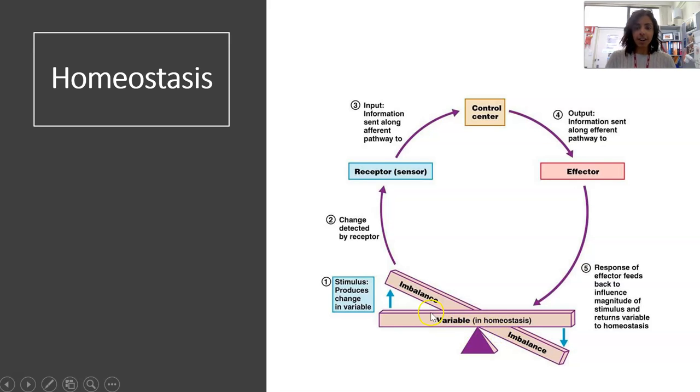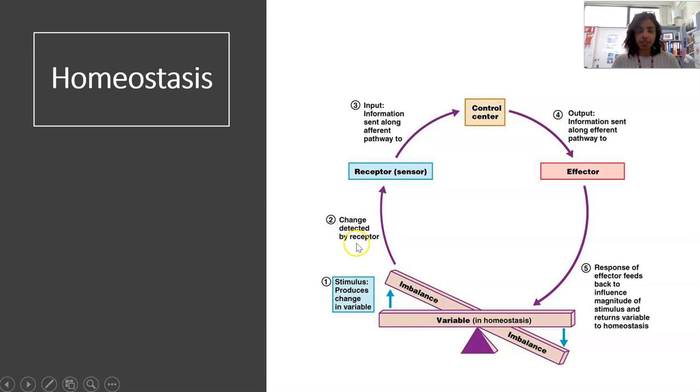If you look at this diagram here, we can see that what activates our homeostatic mechanism is the stimulus. The stimulus in the example I just talked about would be that you ate something, therefore your blood sugar level increases. There are receptor cells in your body that detect that change in blood glucose level.